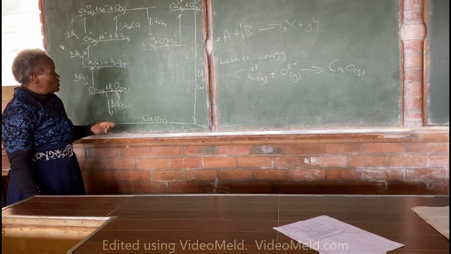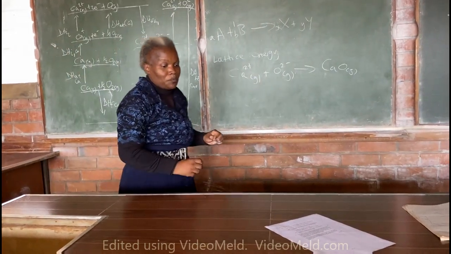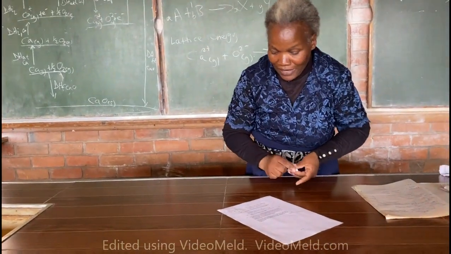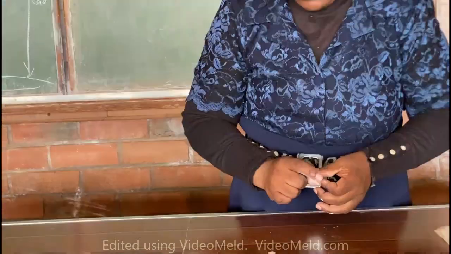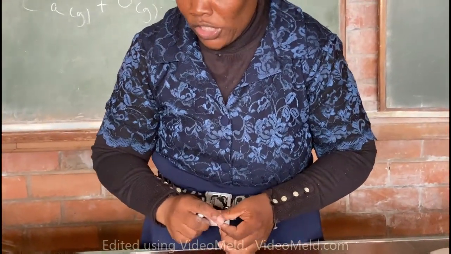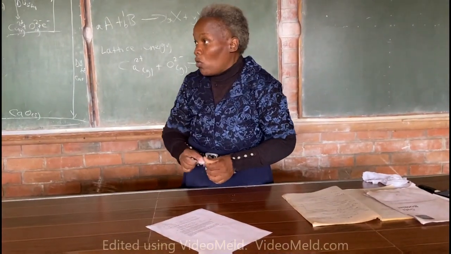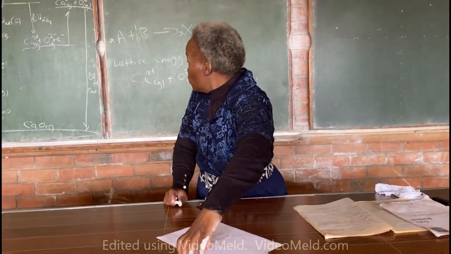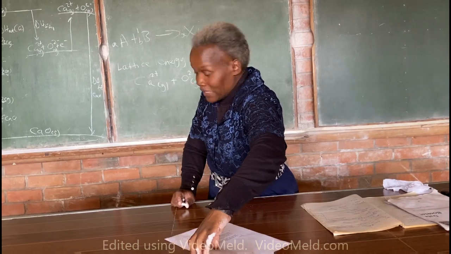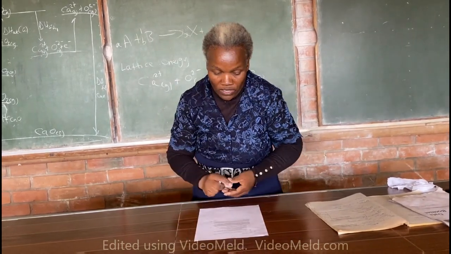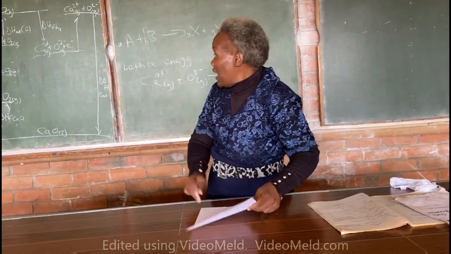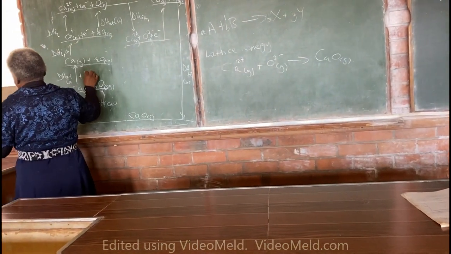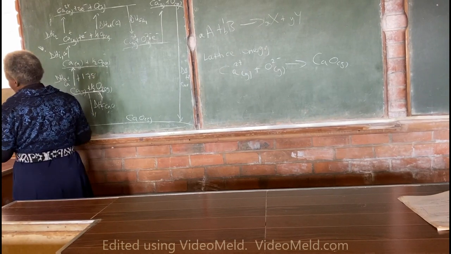So we now want to use this Born-Haber cycle that we have constructed to calculate the lattice energy for the formation of calcium oxide. We are also given the atomization energy of calcium as plus 178 kilojoules per mole.